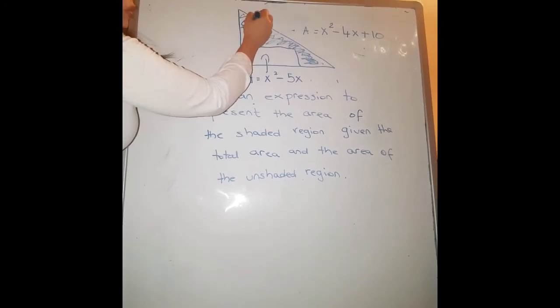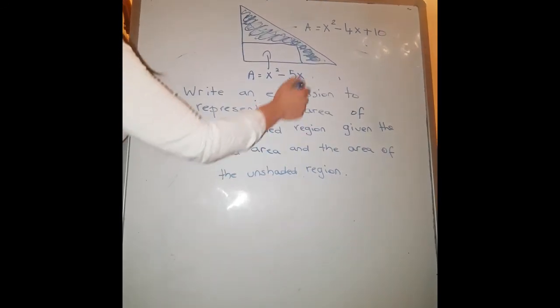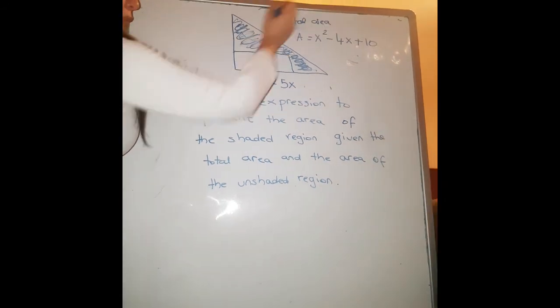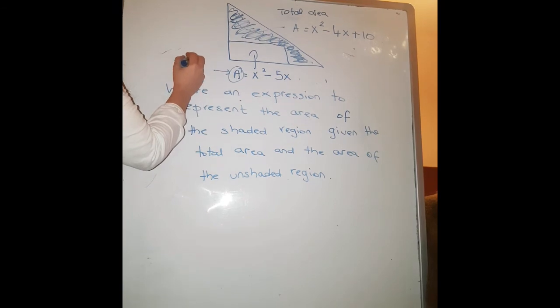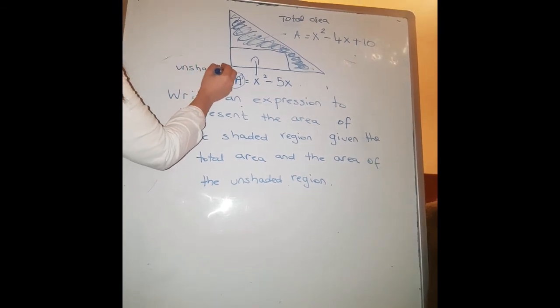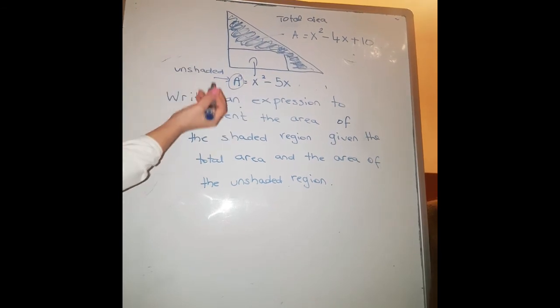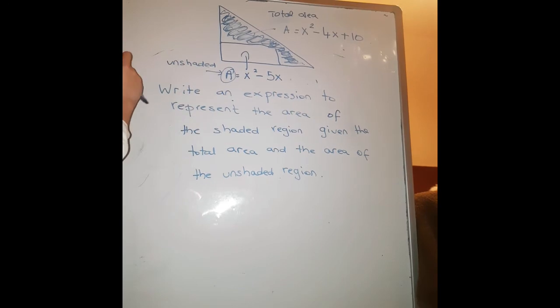So I am looking for this area only. Given the total area, which is this, and this is the area of the unshaded. What do I do? If I want to find this area, I simply take the total and take away the area of the unshaded.